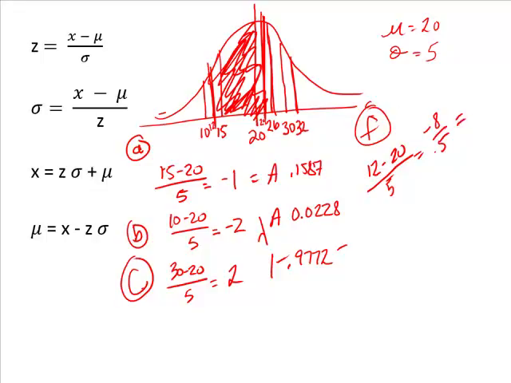I have to get my calculator out because that's what I have to do. Negative 8 divided by 5, negative 1.6. Now 24 is my other value. 24 minus 20 divided by 5 equals 4 out of 5, which equals 0.8. So these are my two z-scores. Somebody who has their z-table out, give me the area for negative 1.6. And for 0.8.